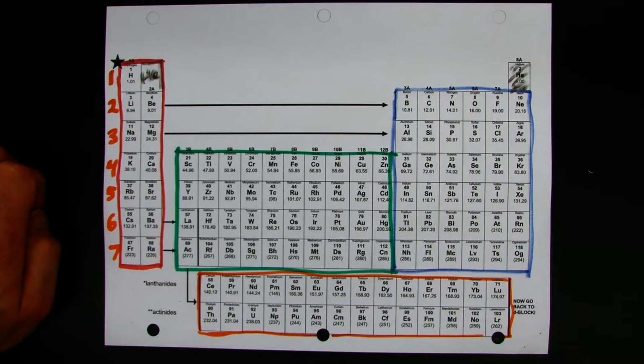That is amazing because this table, when it was set up, wasn't exactly set up this way, but it was pretty much set up this way before we knew anything about protons, electrons, neutrons, right?